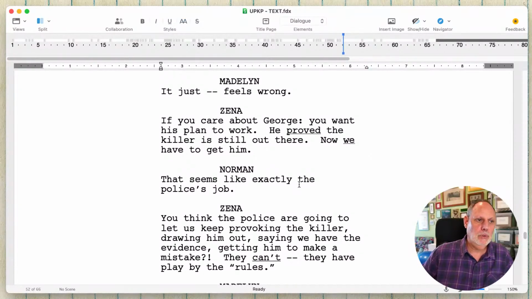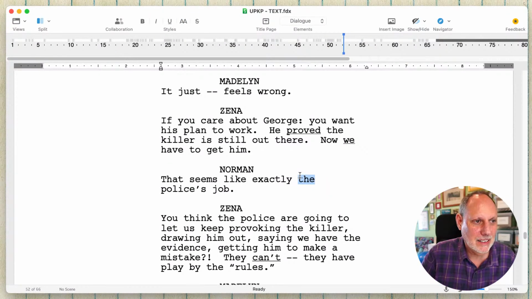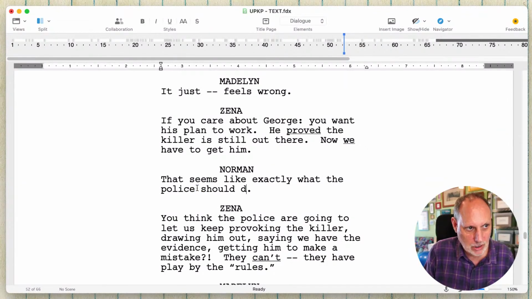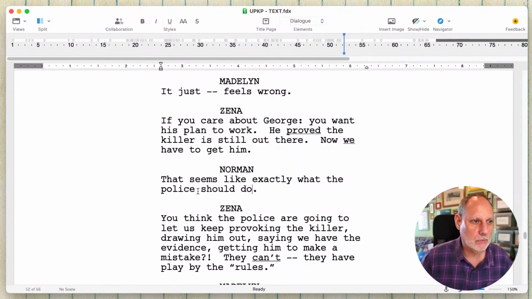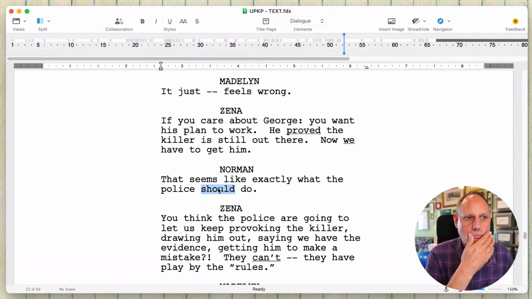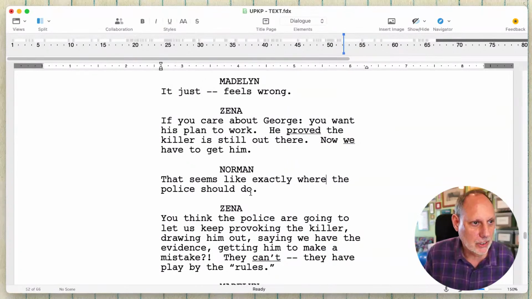It seems like exactly what the police should do. Exactly. That seems like exactly where the police come in. That's it. Where the police come in. It seems like exactly where the police come in.